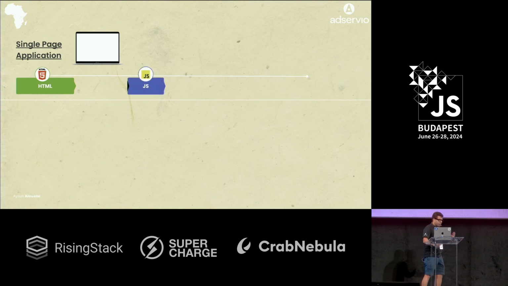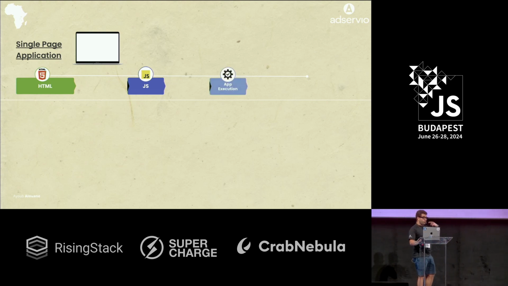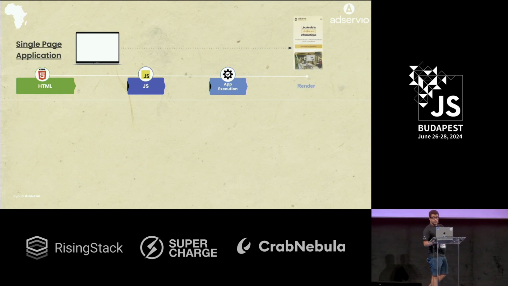After 5 seconds or more, he should wait to download the bundle of JavaScript, okay? And after that, he should wait also to execute this bundle of JavaScript. And after that, we can do the rendering, and we will have our page working fine, okay? So we said that that's not a good user experience.